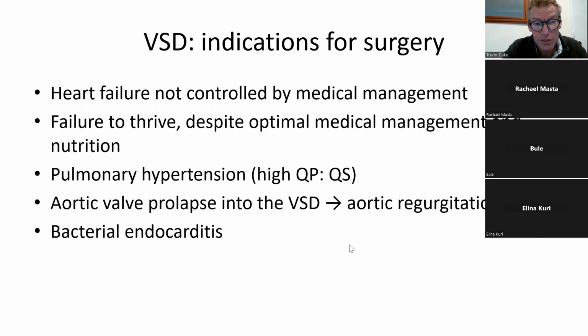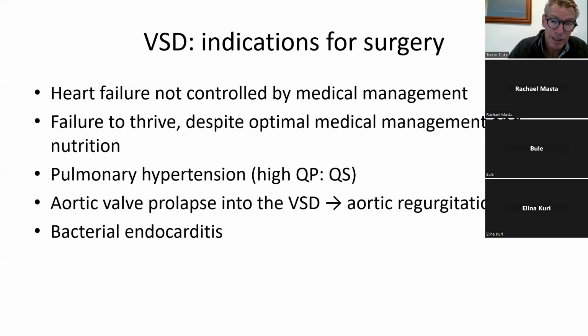In children with a VSD, there's some indications for surgery, and it's really a failure of medical treatment. So if the heart failure is not controlled by medical management, not easily controlled, then those children need surgery, or they'll go into worsening heart failure. Despite medical management, if the children have failure to thrive, or they're just losing weight, then they're indications for surgery.